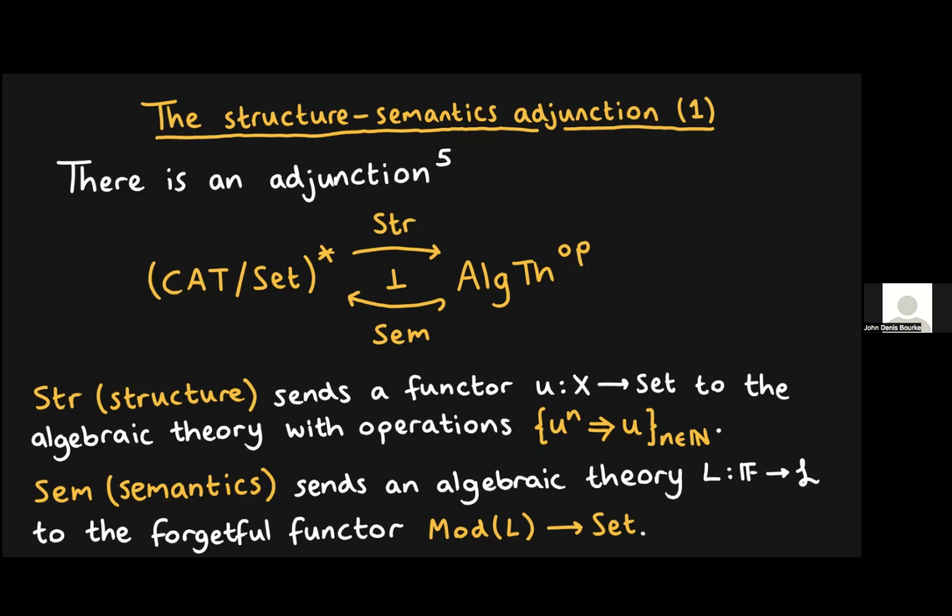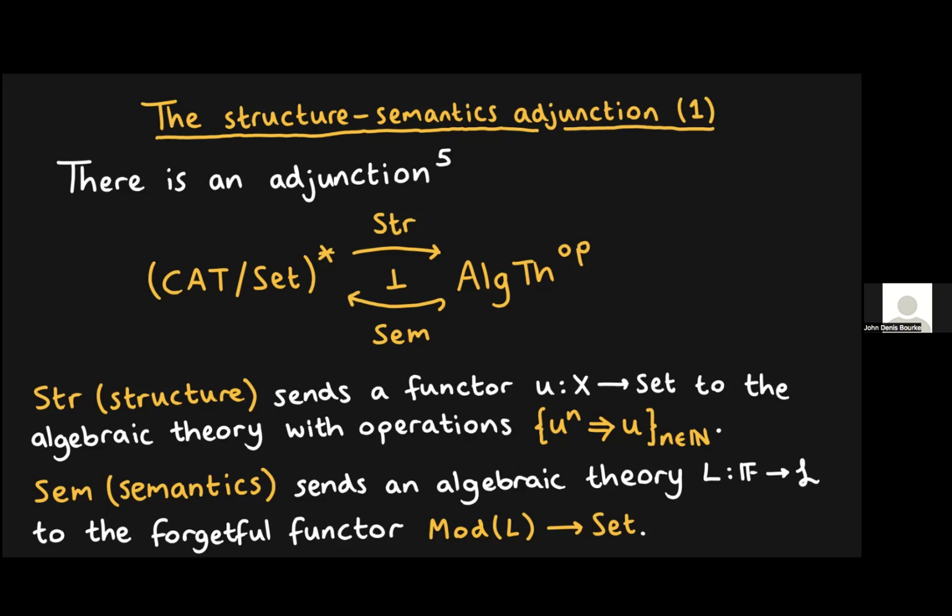Well, we're considering the category of algebraic theories. The objects are algebraic theories, the morphisms are the commutative triangles. And we're considering the category of functors, well, functors into Set, and the morphisms are commutative triangles. And the left adjoint is going to send a functor into Set to the algebraic theory whose operations are formed by natural transformations.